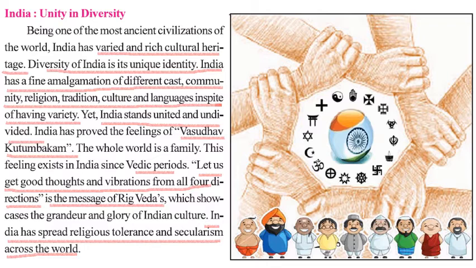Of course, we live in a place with hundreds of religions, really, not just three, four, five, hundreds of religions, castes, communities, creeds, and still we are tolerant about each other. And that shows our message of religious tolerance and secularism across the world.